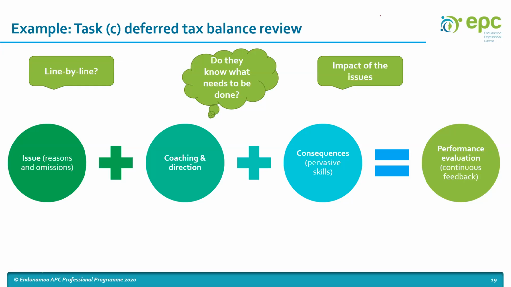Then when you get to the end, you need to sit back and say, well, I see what you've included in the deferred tax calculation, assets and liabilities. Did you include all the assets that I know about this company?